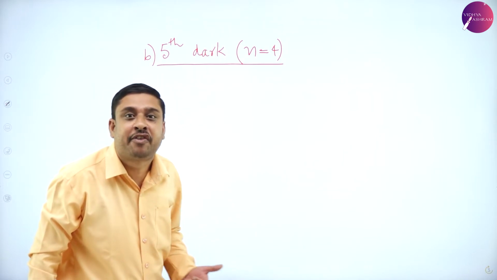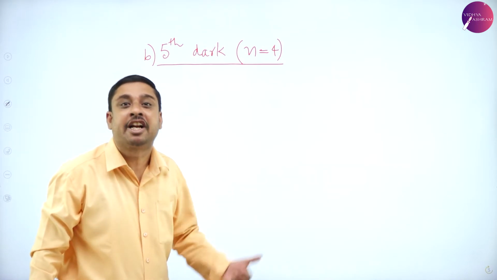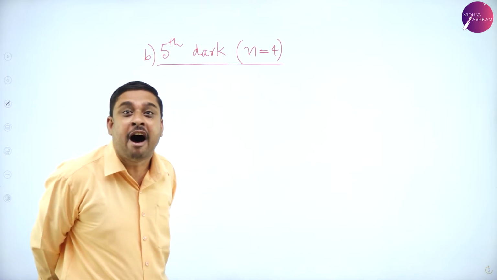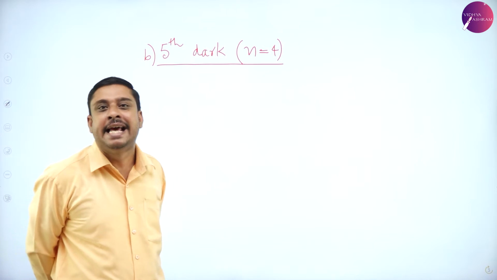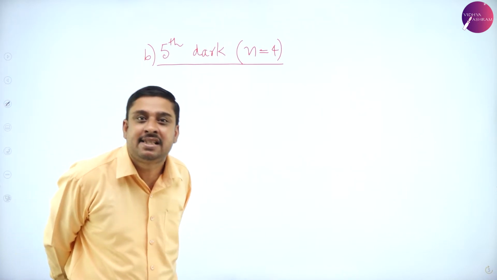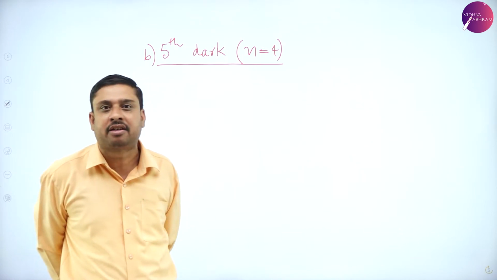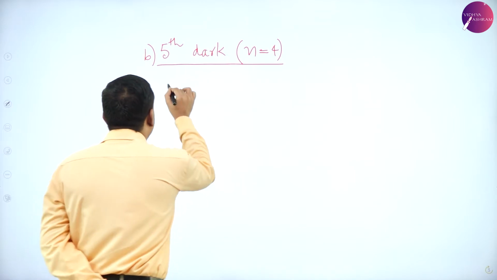Fifth dark fringe, n equals 4. Third dark fringe, n equals 2. So for dark fringe, please understand, n will be 1 less than whatever is mentioned. So fifth dark, n is equal to 4.